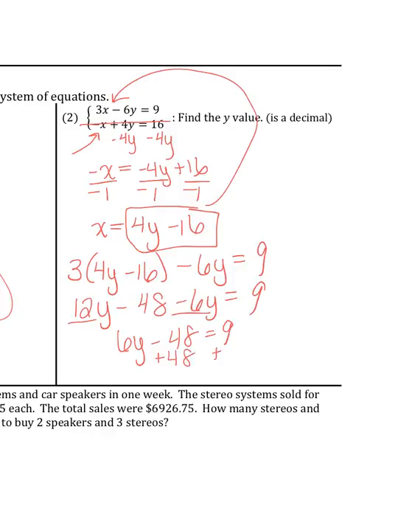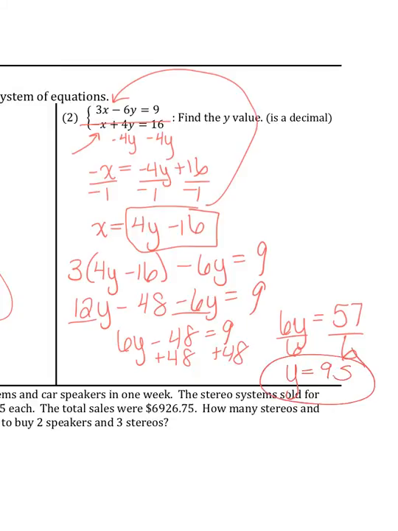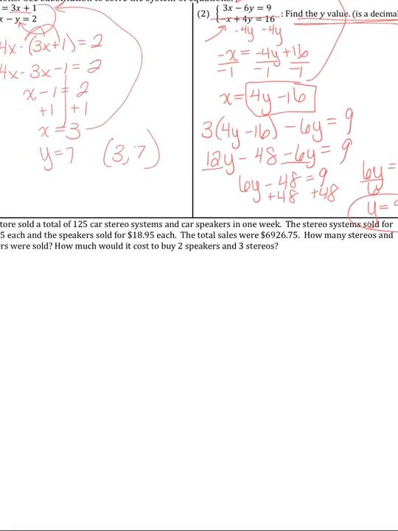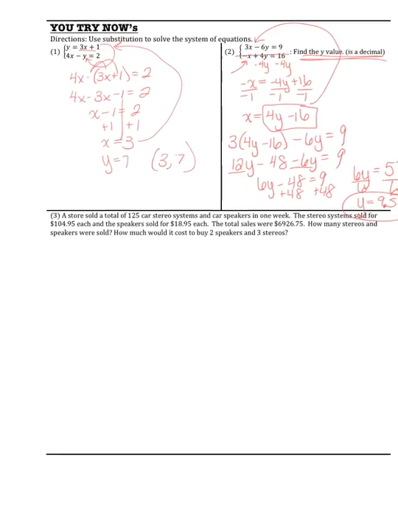Add 48 to both sides, and I get 6y is equal to 57. And divide by 6. And y is equal to 9.5. And if you read the directions, you only had to find the y value. So, oh, that looks like 95. It's 9.5.